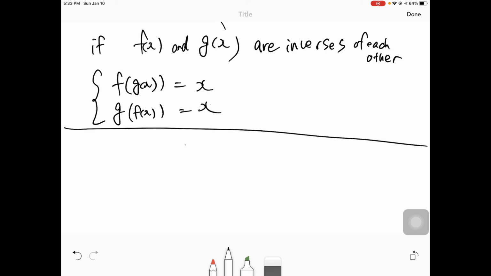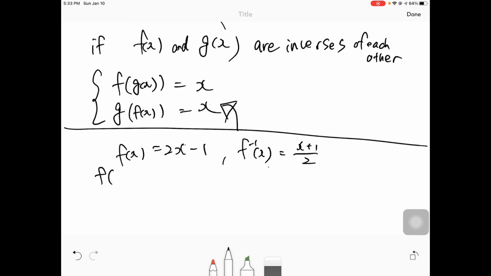In this case, you have f of x equals 2x minus 1 this time. And the inverse function f inverse is x plus 1 over 2. So let me apply these functions. f of f inverse of x.